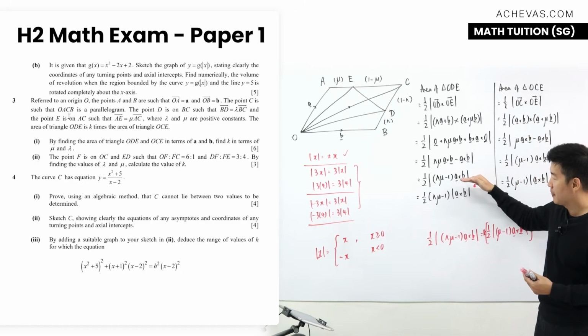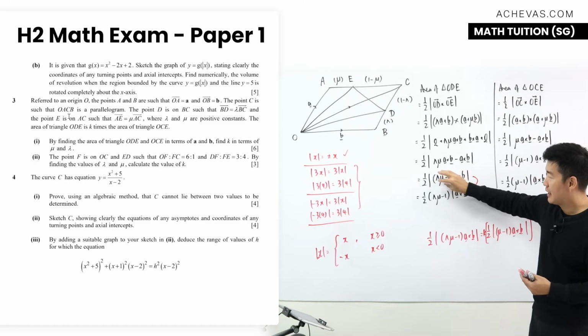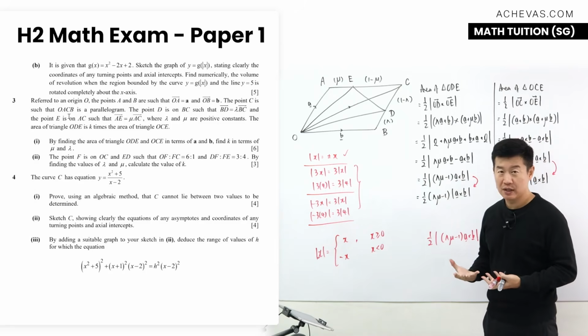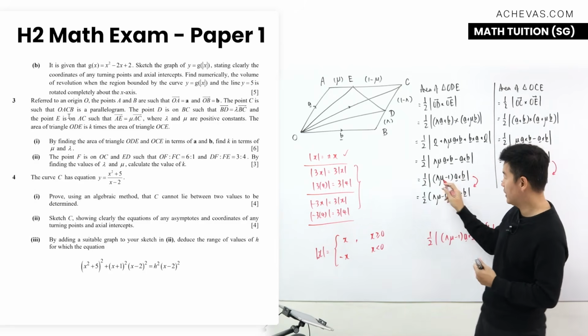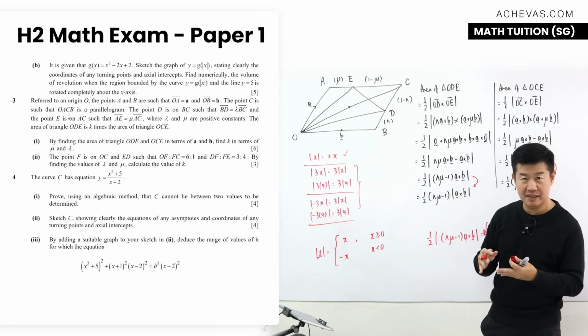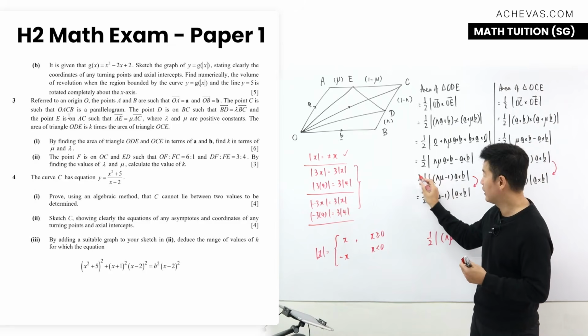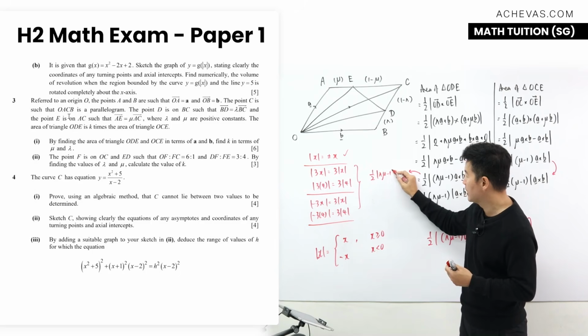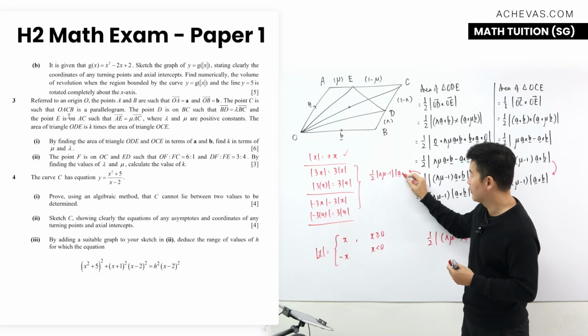But here, if I want to shift this out of the modulus function and I'm unsure whether lambda mu minus 1 is plus or minus, when I shift it out, then this has to be a 2/2 modulus of lambda mu minus 1, then modulus of A cross B.